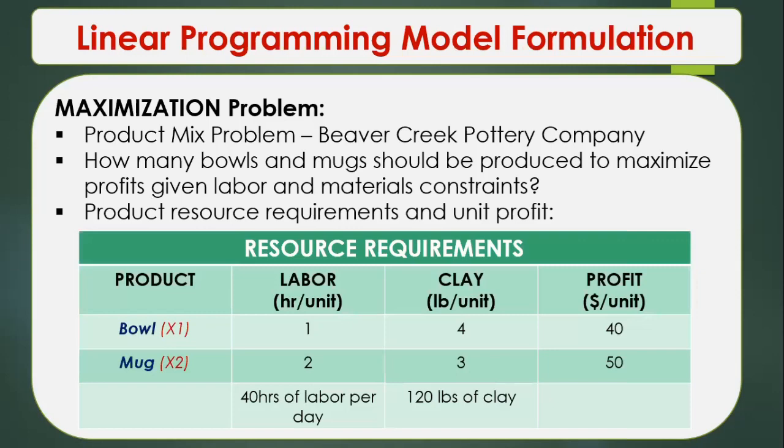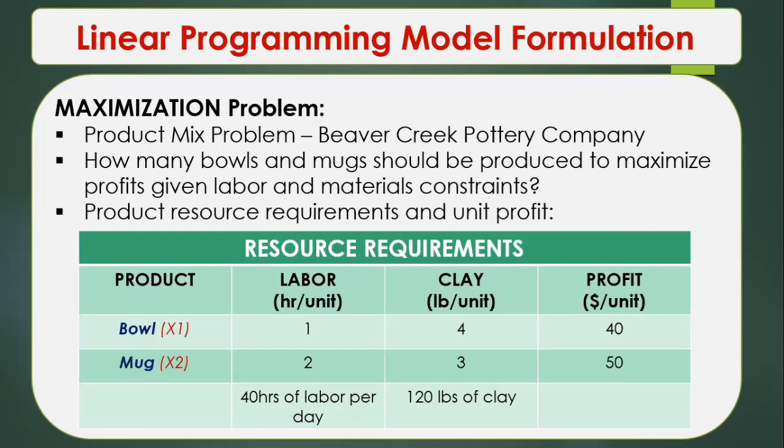Now, if you can notice in our tabulation, labor and clay capacities are our available resources. The profit contributions of products x sub 1 and x sub 2 are also given. With this information, we are now able to formulate the model. In order to do that, we should let the company manufacture x sub 1 units of product x sub 1 and x sub 2 units of product x sub 2, as the profit contributions of products x sub 1 and x sub 2 are $40 and $50 respectively.